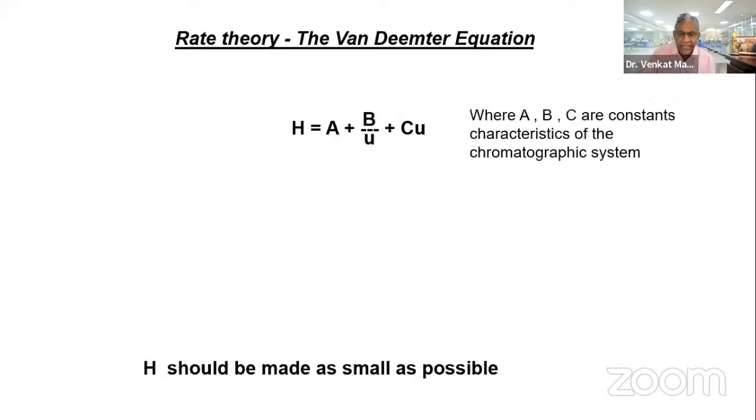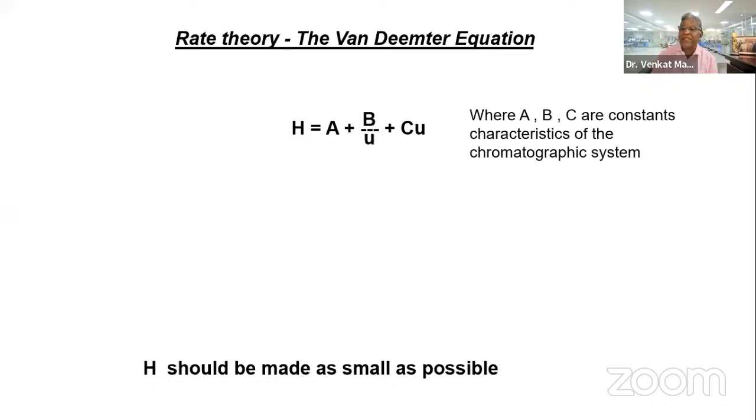When I made this assumption, it is not an ideal case. Therefore, people have modified the theory and introduced a theory called the Van Deemter equation, which is H is equal to A plus B by u plus C into u.